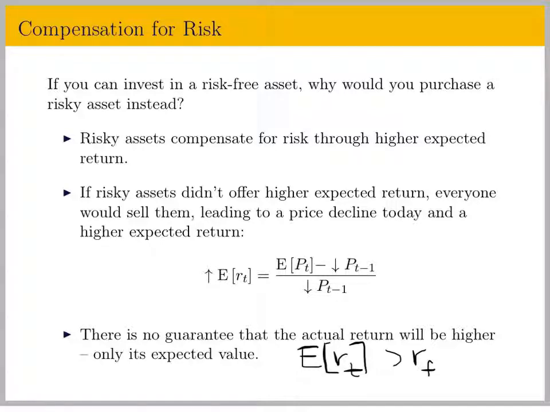But that doesn't mean that when we actually arrive at time t, R_t is actually going to be greater than R_f. That may not be the case. R_t could be smaller than R_f. It could be greater. It could be exactly equal. All we know before time t happens is that in expectation it's greater than R_f.